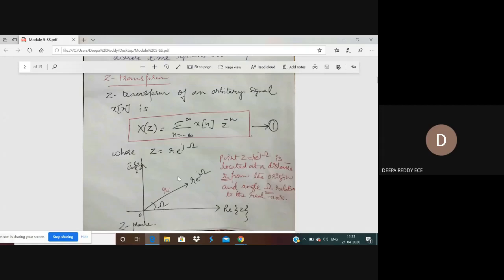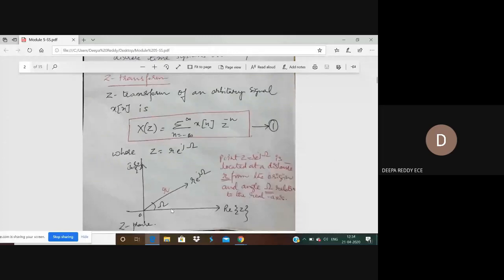So r e to the power of j omega signifies this. This is what we call the z-plane plot. The z-plane plot involves a plot with respect to real of z and imaginary of z, where the point r e to the power of j omega is at a distance r from the origin, making an angle omega relative to the real axis. This is how we interpret this z to the power of minus n.